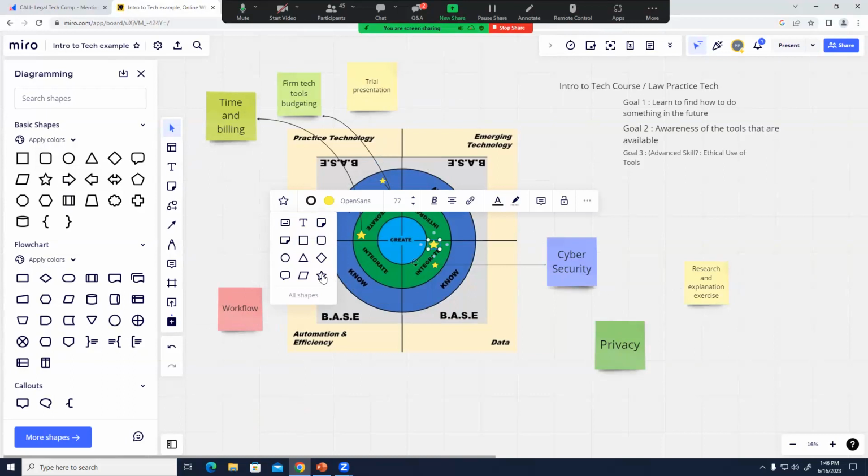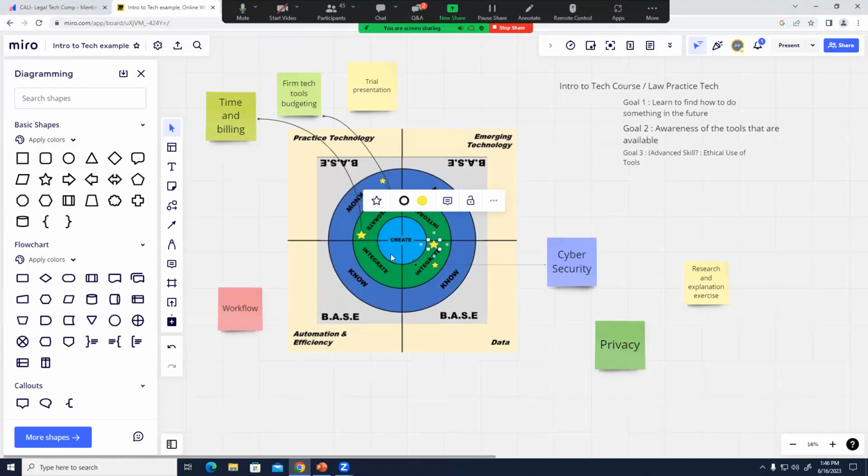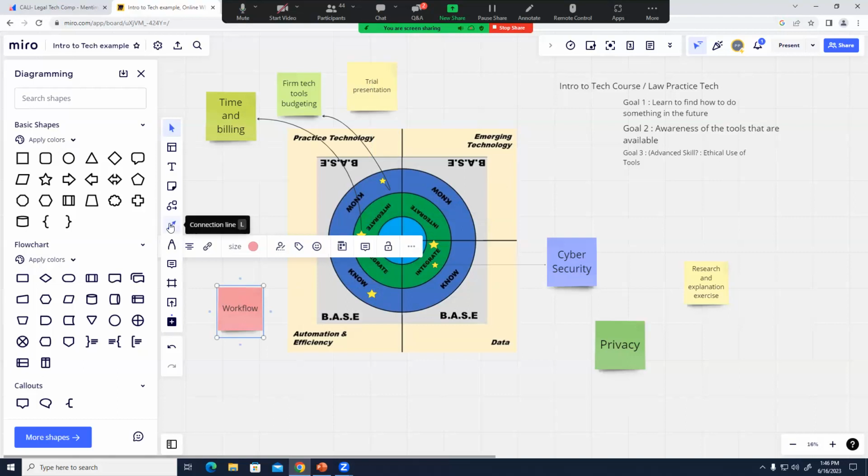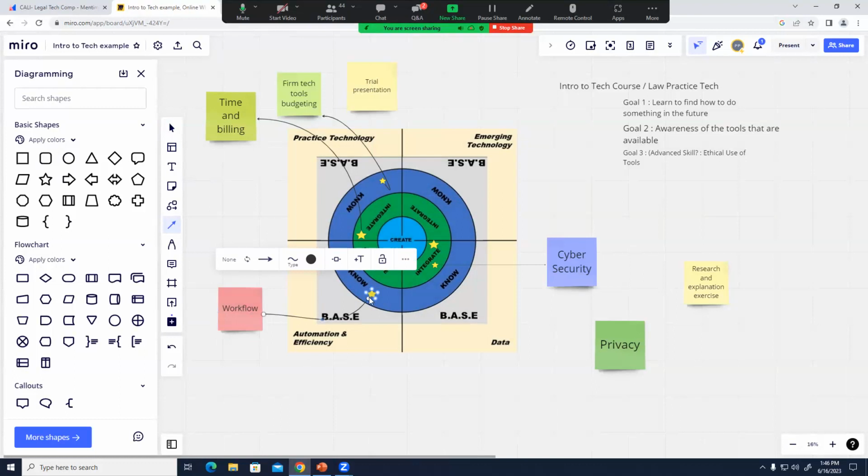And part of that, unfortunately, is going to have to do with how much time you have, right? So you need to pick and choose which ones you want to be at a higher level and which ones are okay. And remember, this is an intro course, so it's okay for some of these to be at the know level, because this is just starting them off in the topic.